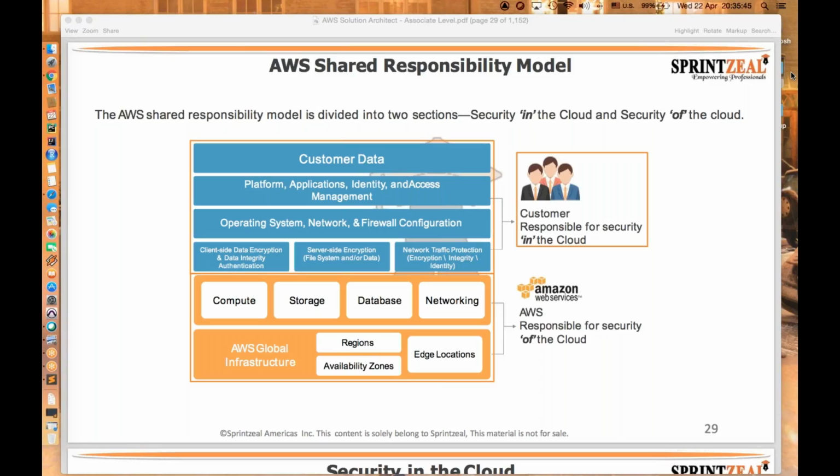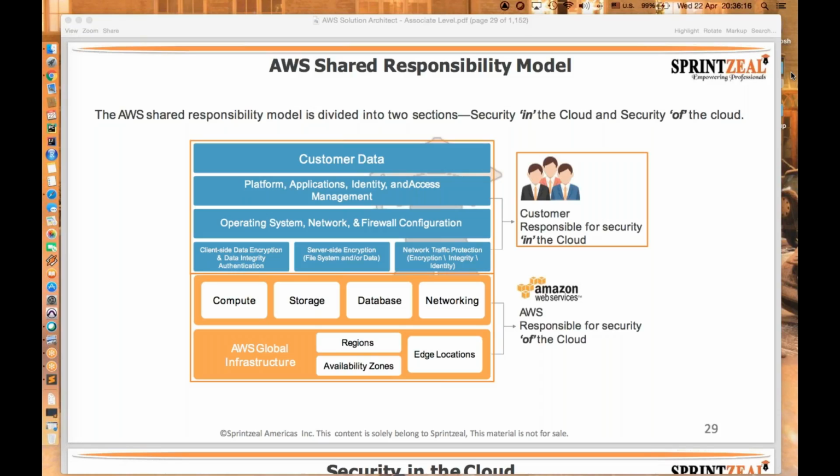Whereas the storage, meaning the data stored in the cloud, all your databases, networking, compute, and the regions, the availability zones, and the edge locations, you'll call security of the cloud. AWS is responsible for security of the cloud.